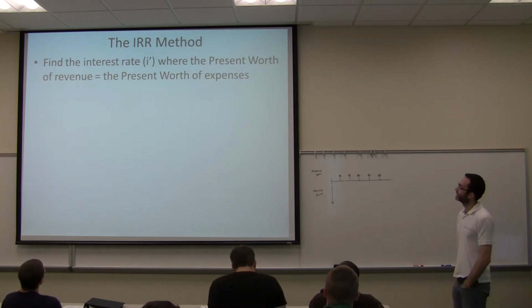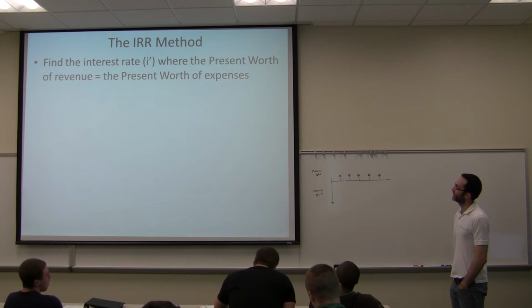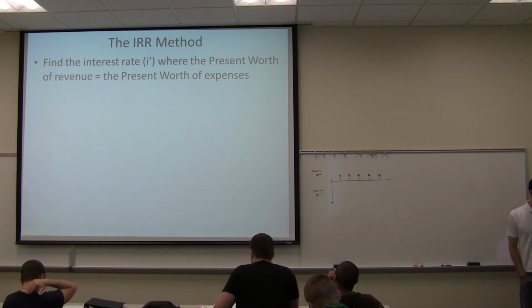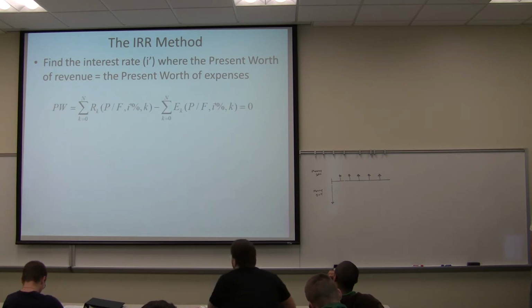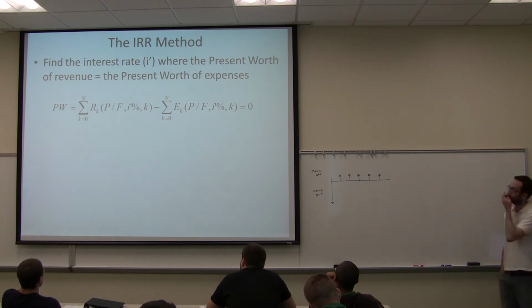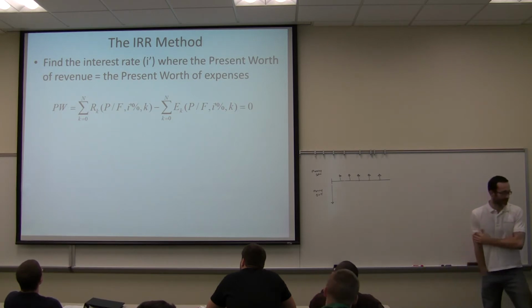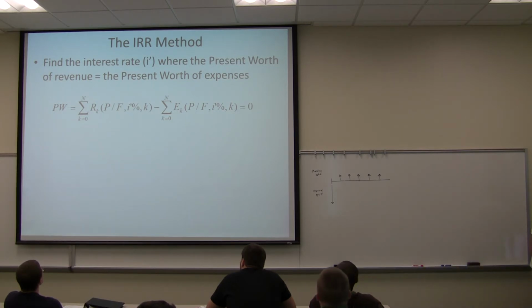So again, to summarize, what we're trying to do is find it so that the revenue equals the expenses. What interest rate makes them equal? So we're going to find the present worth of the revenue and expenses, where we're taking all of the future values to the present for both revenues and expenses at some unknown interest rate, i prime.